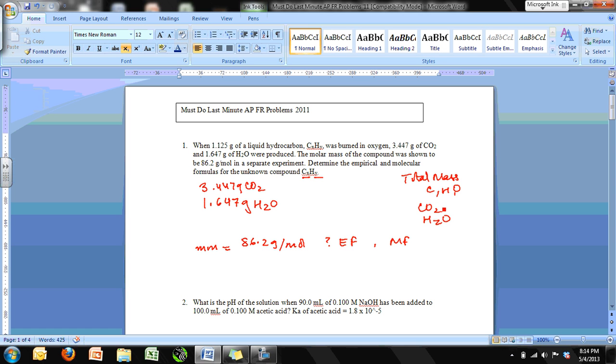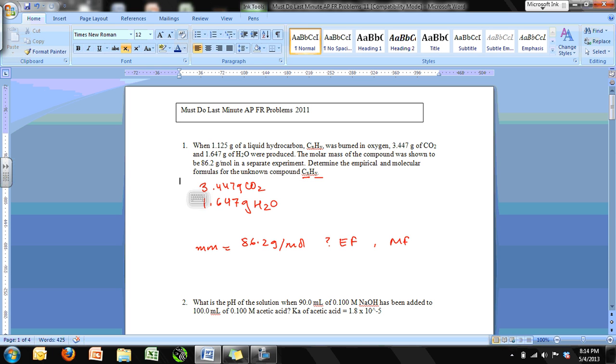Using mass of carbon dioxide, you can get mass of carbon. Using mass of water, you can get mass of hydrogen. If you add up both masses and subtract from the total, you get mass of oxygen. Once you have all three masses, you can convert them to moles. So that's a little variation of this type of problem. I just wanted to remind you of that.